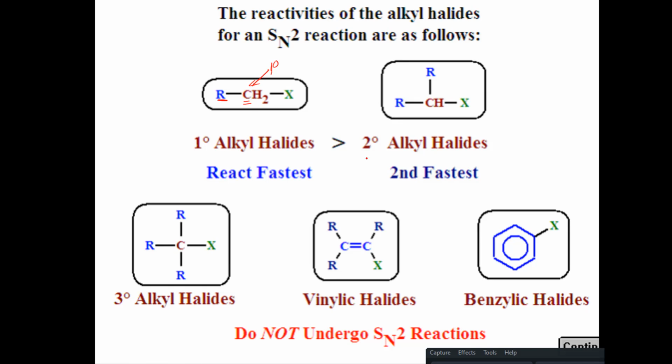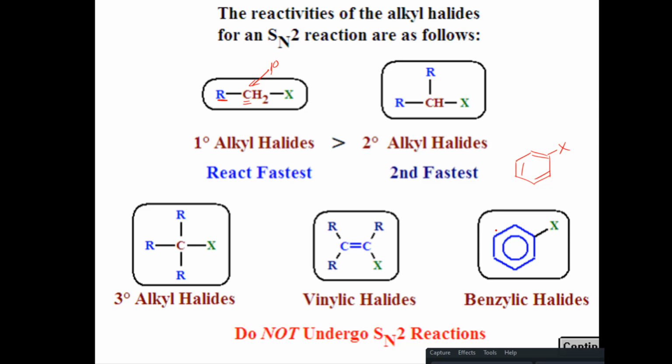Tertiaries don't react at all in SN2 reactions, nor do what are called vinylic halides, where the halogen is attached to a double bond, nor when a halogen is attached to a benzene ring. That benzene ring has a circle in it. When we talked about a benzene or aromatic ring, we had 3 double bonds alternating.